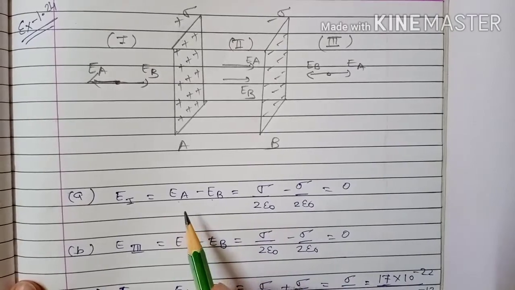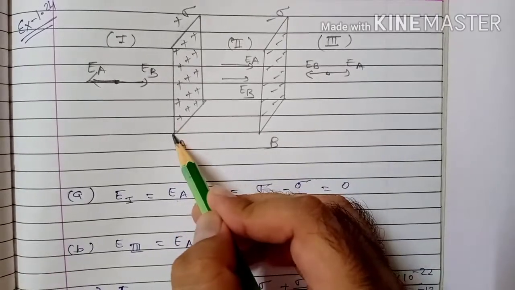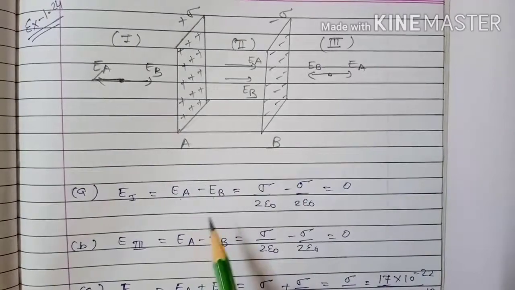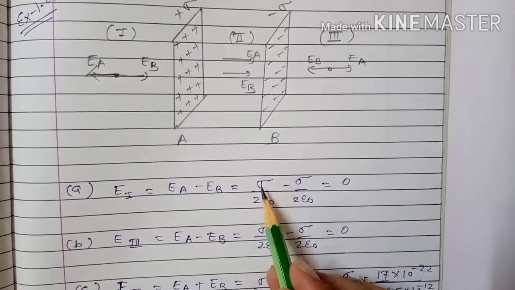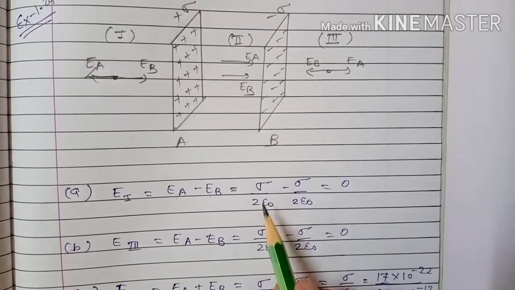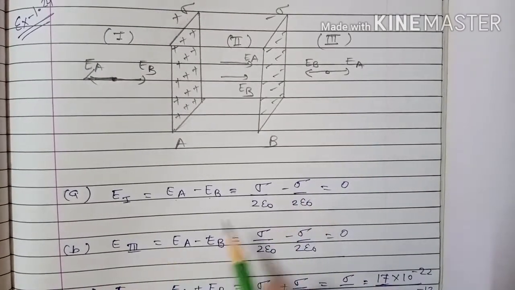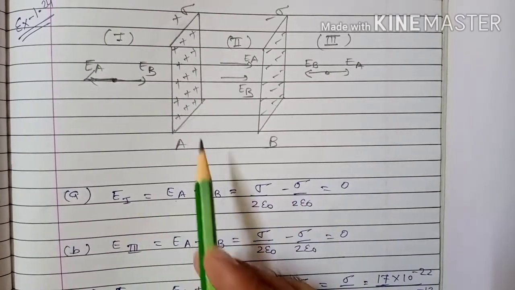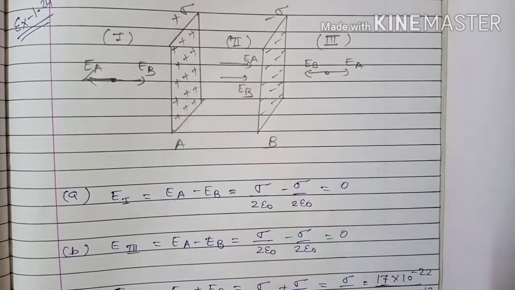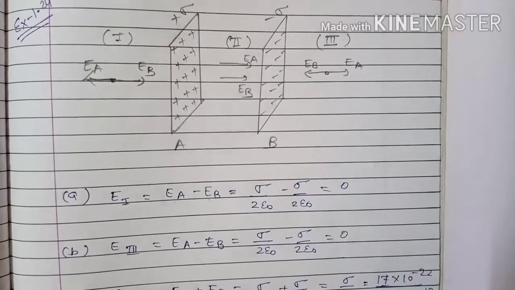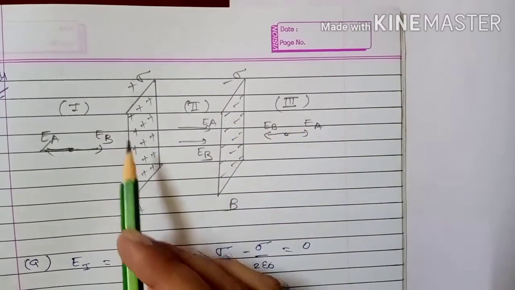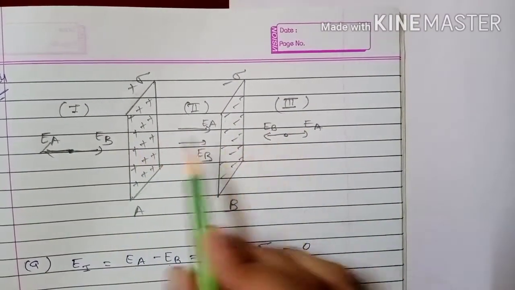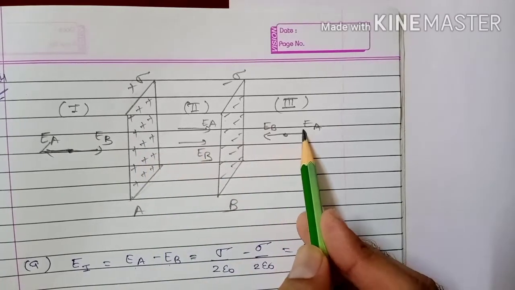We know the formula of electric field due to an infinite plane sheet which is uniformly charged: electric field is sigma upon 2 epsilon naught. So sigma upon 2 epsilon naught minus sigma upon 2 epsilon naught. So electric field in the outer region of first plate will be 0. Now we have to find electric field in third region. Here electric field due to positive charge is away from the charge in this direction.